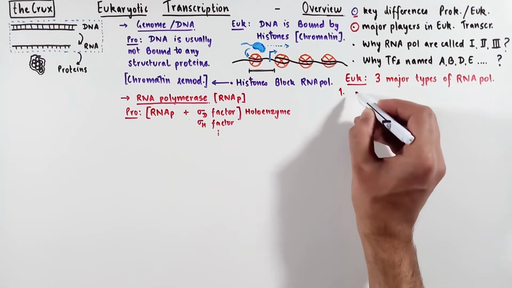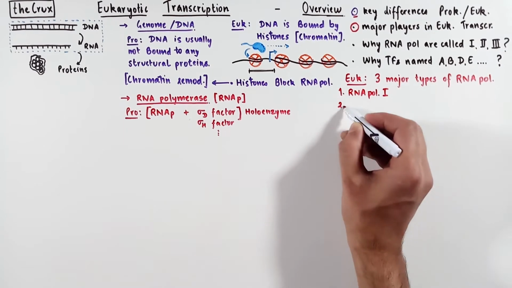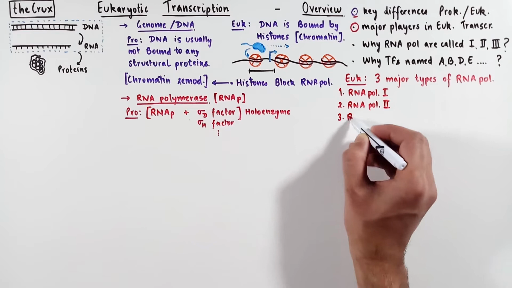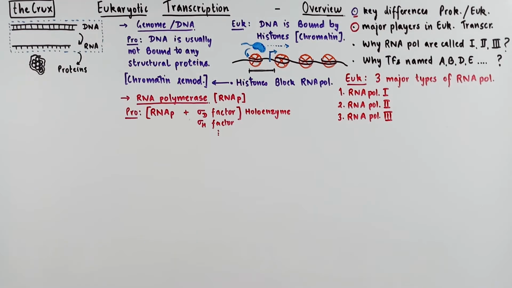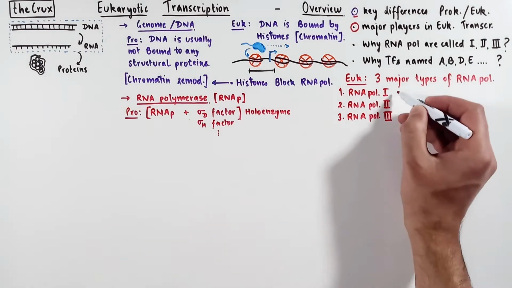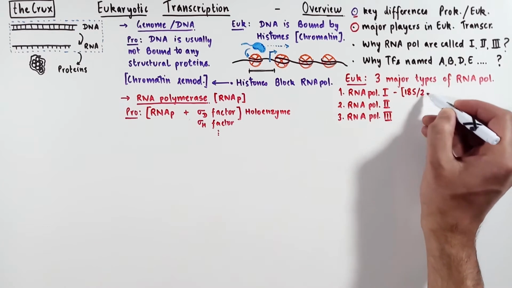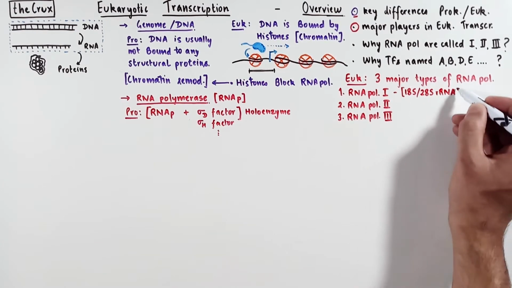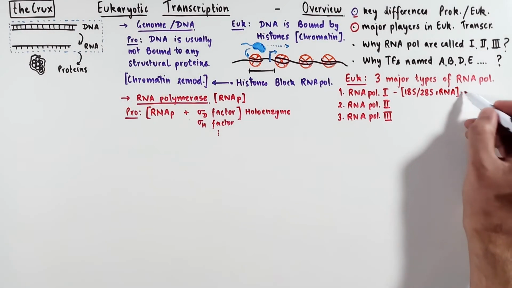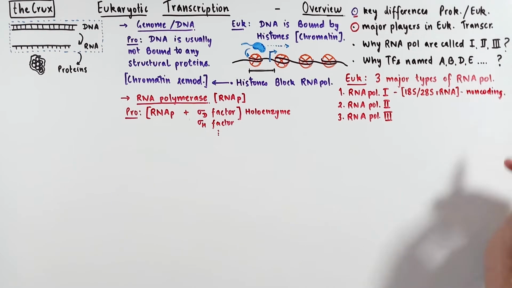These are named RNA polymerase 1, RNA polymerase 2, and RNA polymerase 3. The differences among them come from their specific function. The first polymerase is involved in ribosomal RNA production exclusively, and ribosomal RNAs are non-coding, meaning that they do not code for any protein.